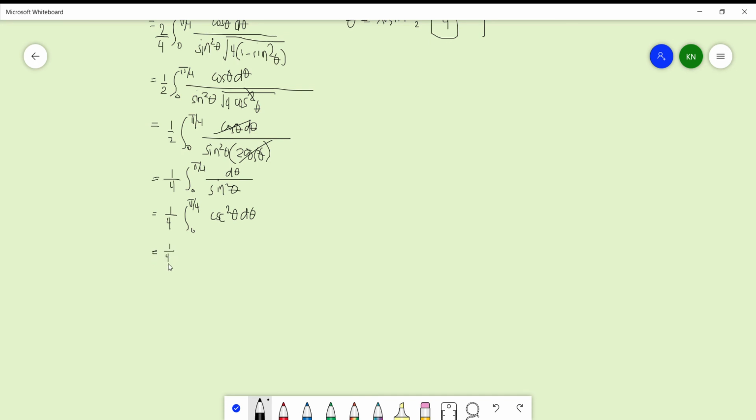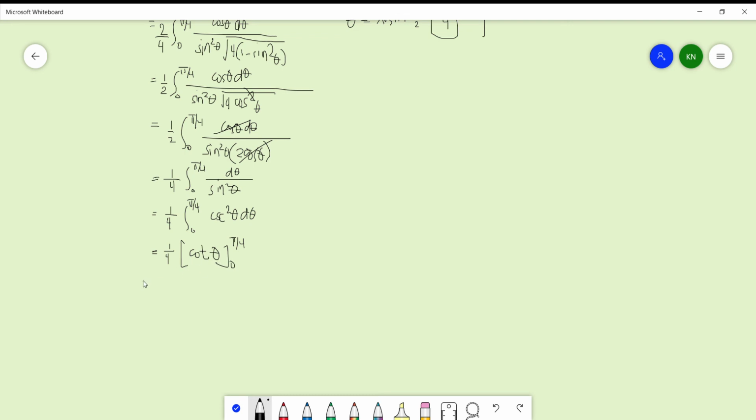And there is already an equivalent integral for cosecant squared theta, so we have 1/4, and then the integral of cosecant squared theta is equivalent to negative cotangent theta from 0 to pi over 4. And then afterwards, since we already got the integral of our integrand, we can already substitute our limits to our variable.